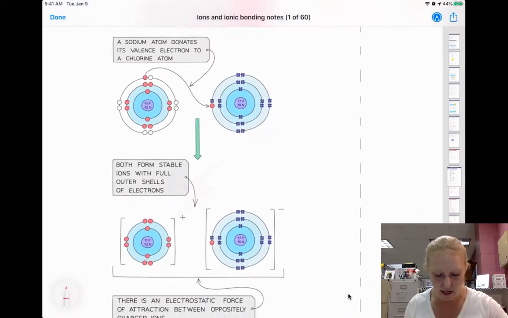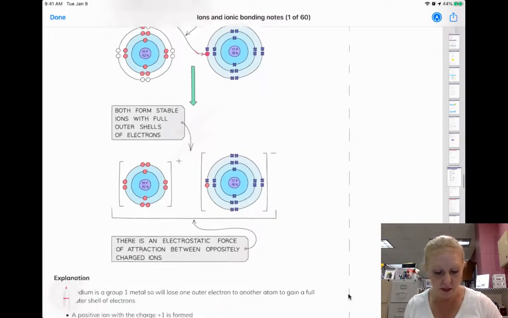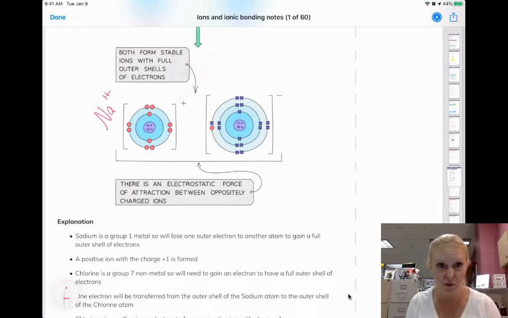And you'll see here's where my sodium donated that electron. And right here is where my chlorine took that electron to become chloride. And again, once that happens, here's my full shell of electrons for sodium.